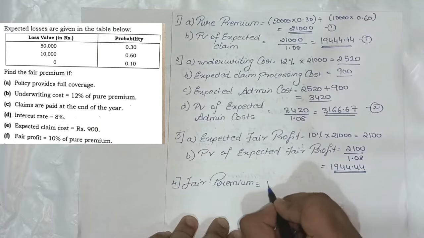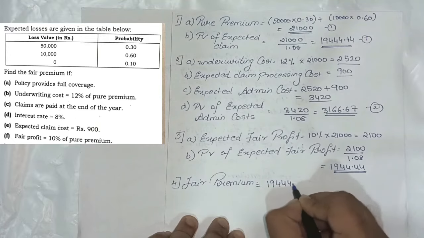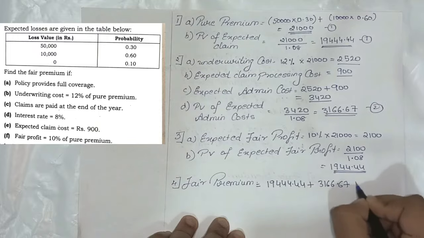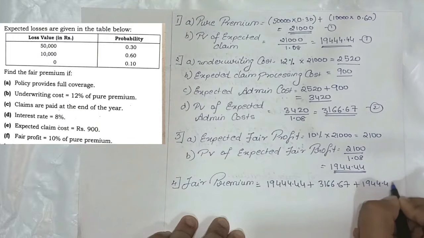Last, the fair premium. The first value was actually 19,444.44, plus 3,166.67, plus 1,944.44.